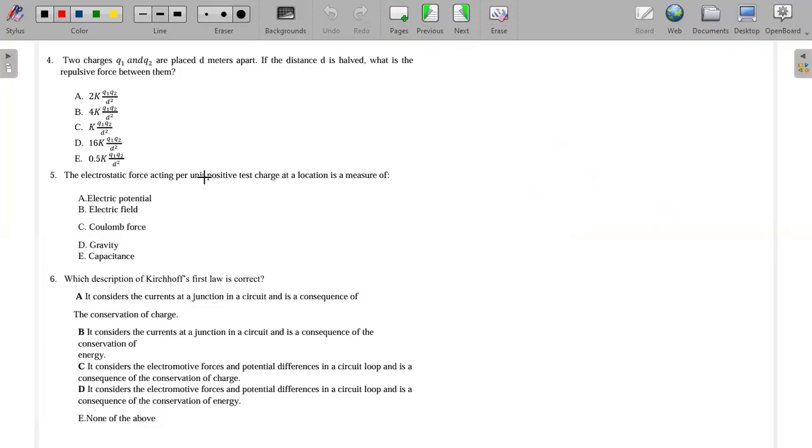All right, so this question is basically talking about Coulomb's law. The force between two charges using Coulomb's law is equal to k, which is the Coulomb's constant, multiplied by the charges, which in this particular case will be Q1 and Q2, divided by the square of the distance between the two charges, like that.